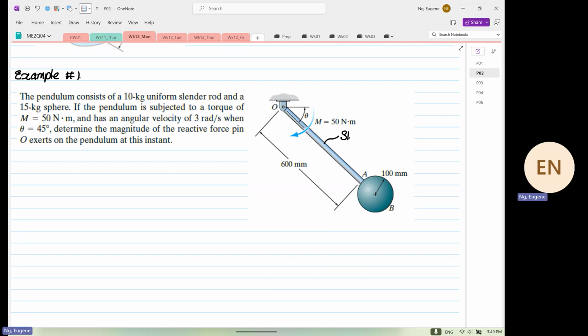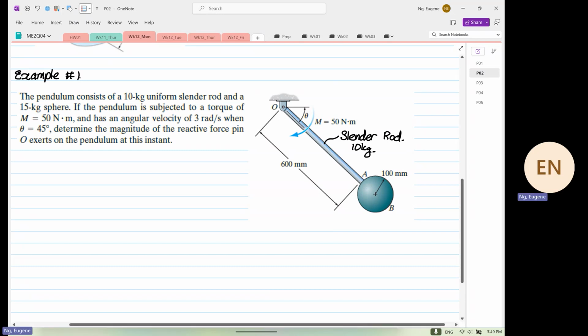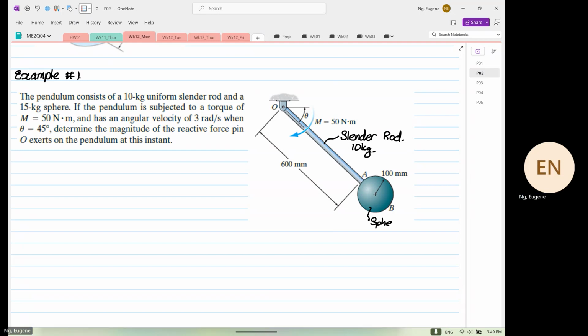So this is our slender rod, and this is worth 10 kilograms. And a rod and a sphere. So this is our sphere. Our sphere is 15 kilograms.